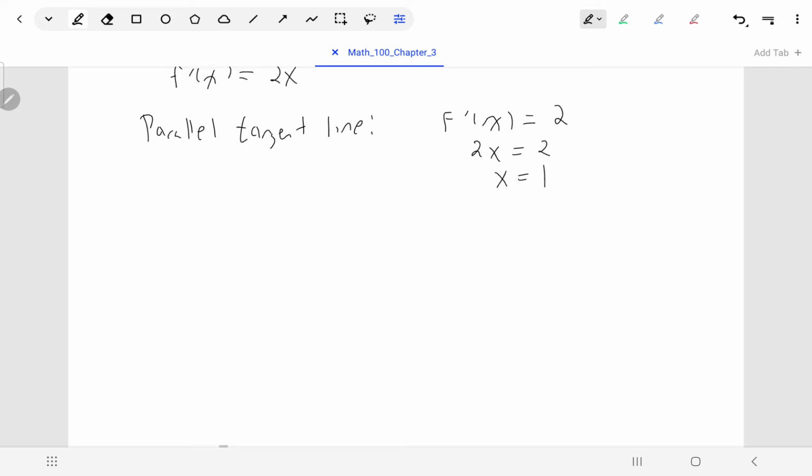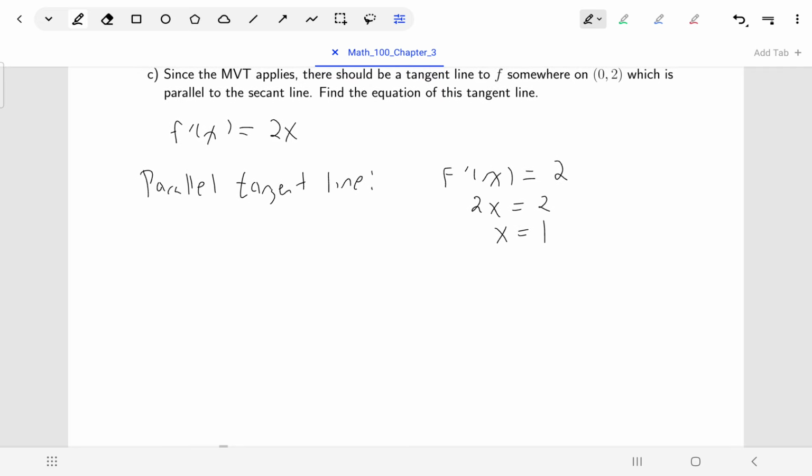So to get our tangent line going, we know it's going to be happening at x equals 1. We know the slope is 2. So we need our point to be figured out. When x is 1, the y value is f of 1, which is 1 squared minus 4, or negative 3. So our point is (1, -3).